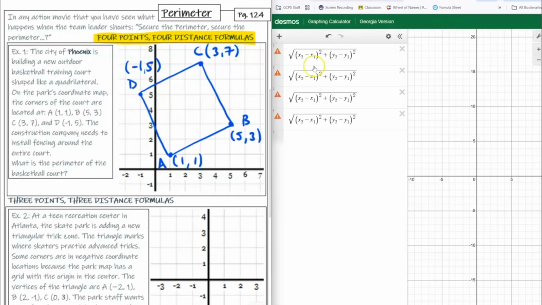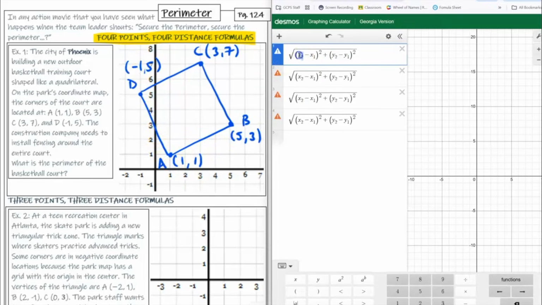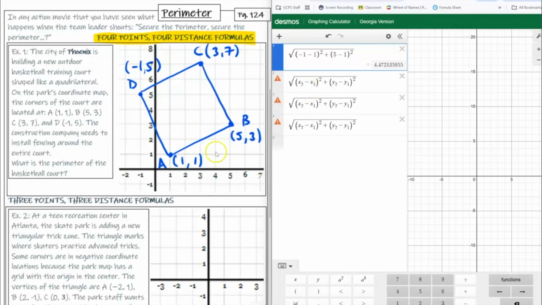All right. The most important thing is just remember whatever X value you start at is the Y value you need to go with. So I'm going to start with AD, these two right here. So it's going to be negative 1, 1. Those are my X values. And because I started at negative 1, I'm going to start at 5. 5, 1. So that's my AD done.